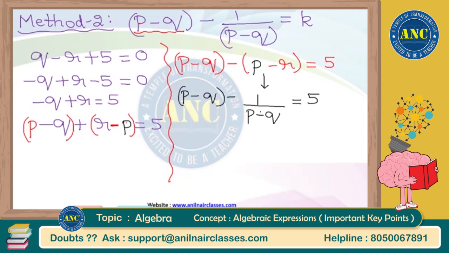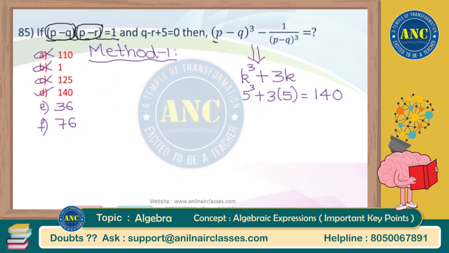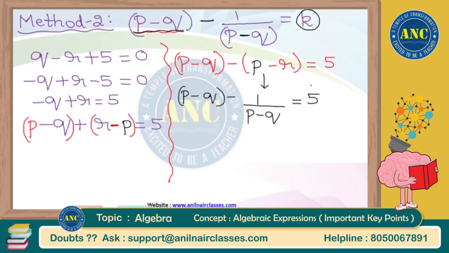That means I was actually looking to find p minus q minus 1 by p minus q value, so that if I know that value, I can easily find p minus q whole cube minus 1 by p minus q whole cube value also very easily, and I got that value as 5 right now. So whenever I know p minus q minus 1 divided by p minus q value, it is very easy for me to find the cube of it.